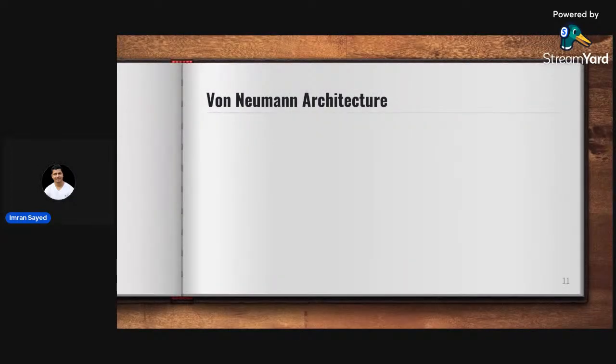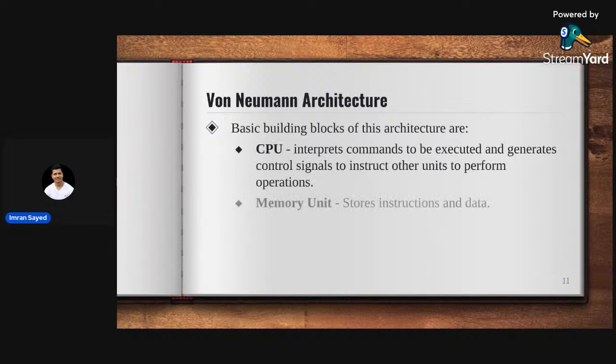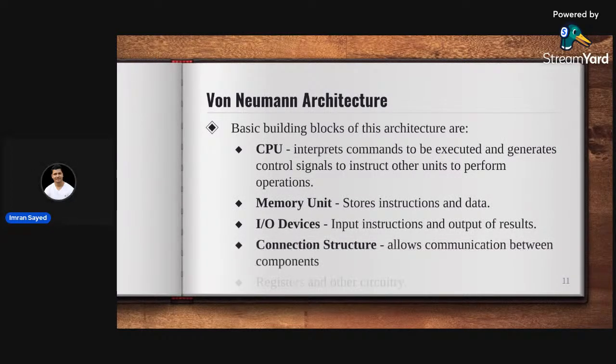There are certain building blocks of the architecture, which consist of CPU, memory unit, I/O devices, connection structure, and registers and other circuitry. So the CPU basically interprets the command to be executed and generates the control signals to instruct other units to perform operations.